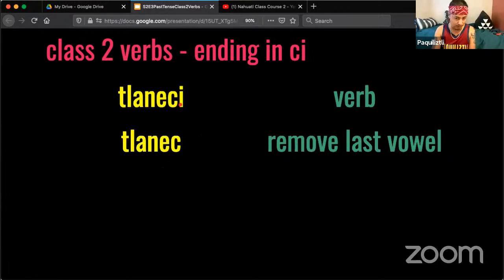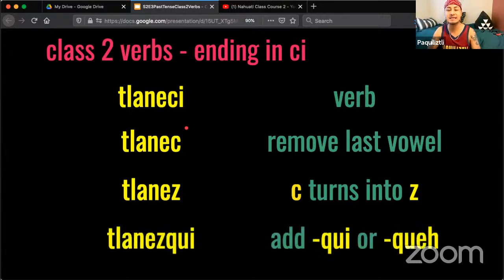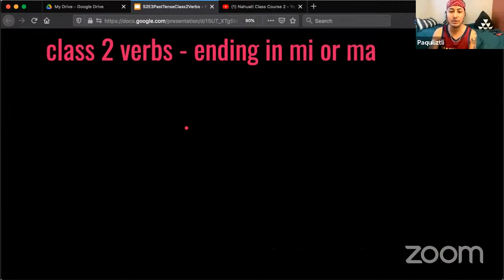For those, you're also going to remove the last vowel, so the I is going to go away. That C is going to become a Z because we want to preserve the sound of the S. So tlanesi becomes tlanes. And then we add the ki. So it becomes tlaneski. Day broke. So like yesterday, day broke, tlaneski. Or amaneció would be the equivalent in Spanish.